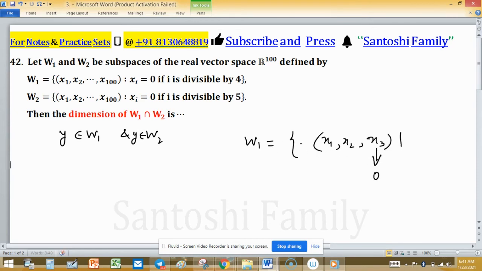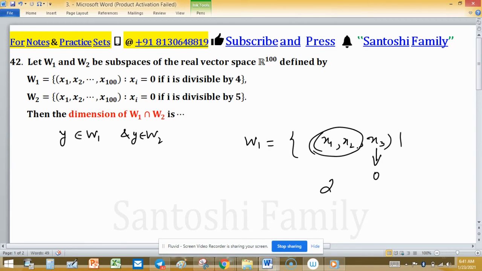Then the dimension of W1 will be 2, because we are bound to take this position as 0. So we are independent at only 2 choices, and the number of independent choices is known as the dimension. It means the number of linearly independent vectors.